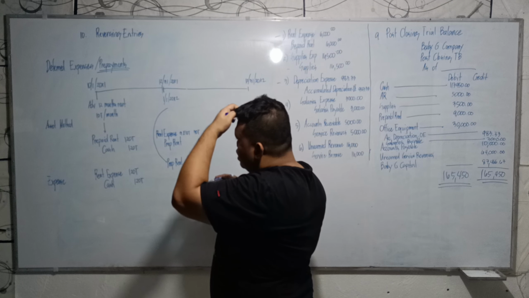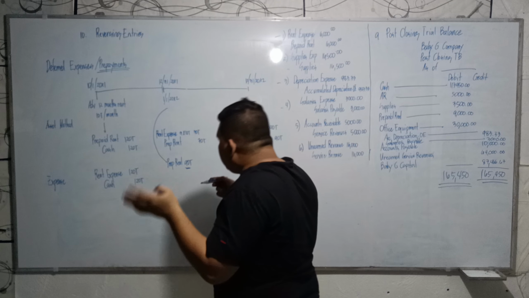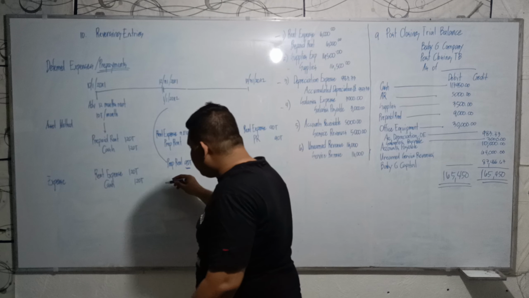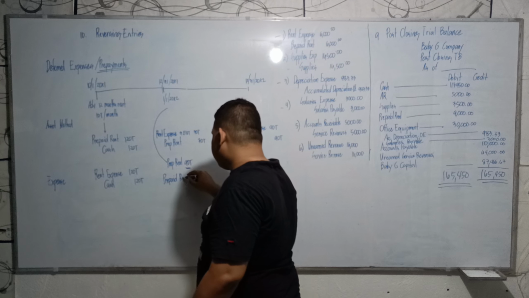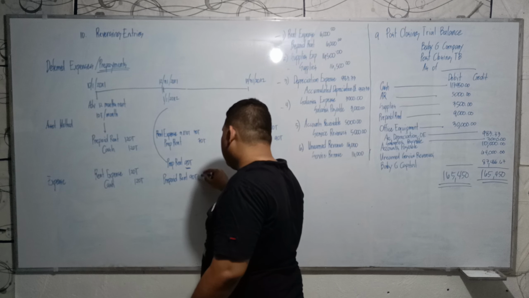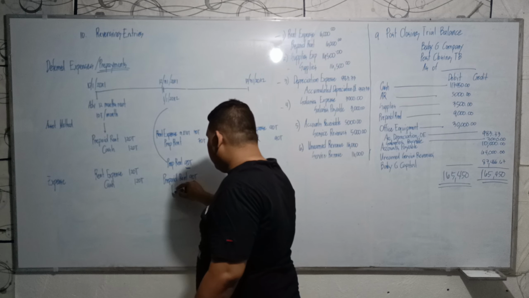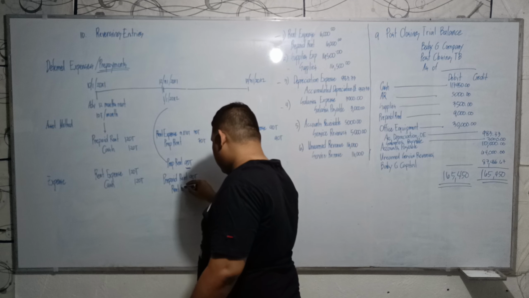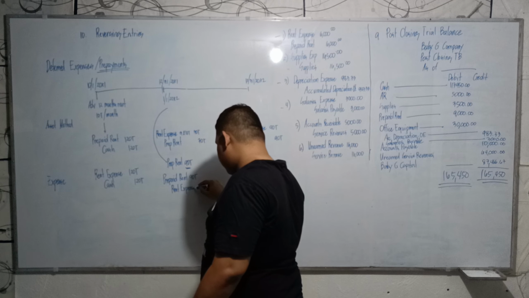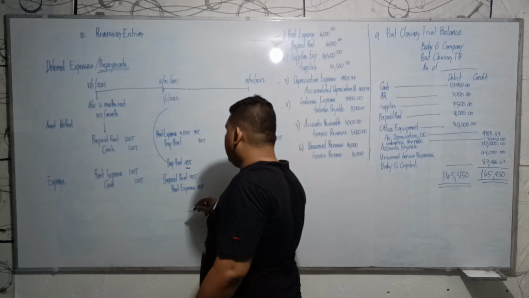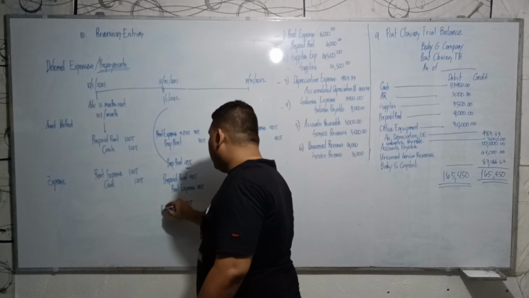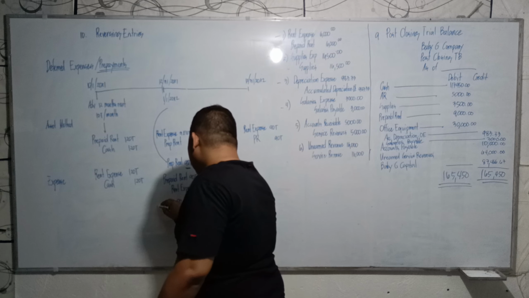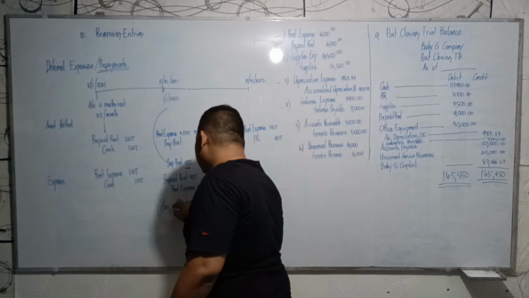And in this case, the unexpired is 90,000 because the only ones expired is the 30,000. So you have to recognize prepaid rent. How much? 90,000. And then you have to deduct rent expense 90,000. So there will be a prepaid rent already here at 90,000 on 1/1/20x2 at the beginning of the year.